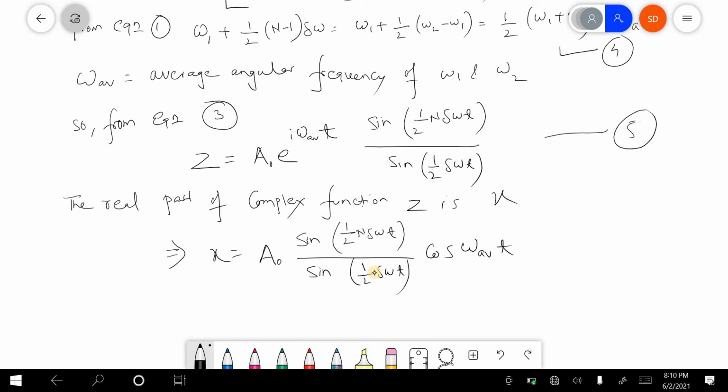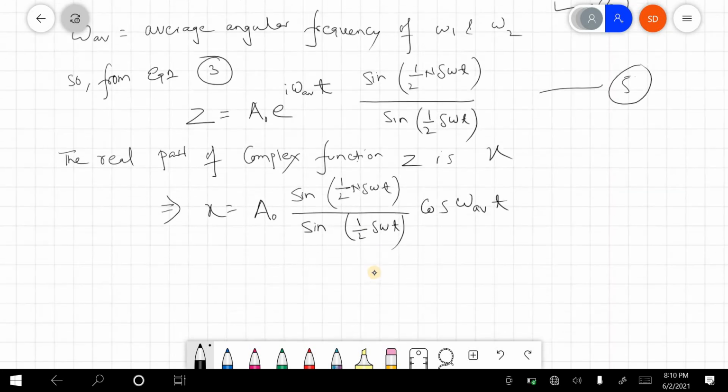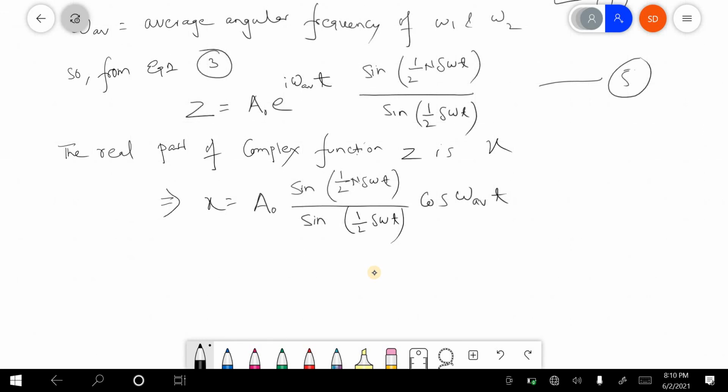Why the cos term? Because we are considering the real part of z, where z is a complex function, cos theta plus i sin theta, as we know. So this is equation number 6.